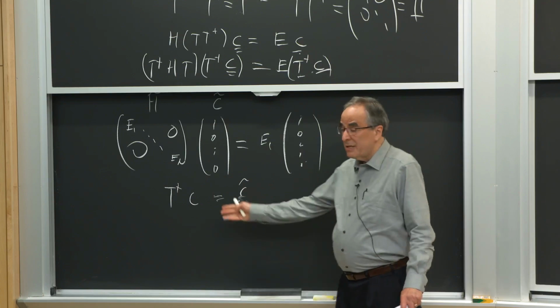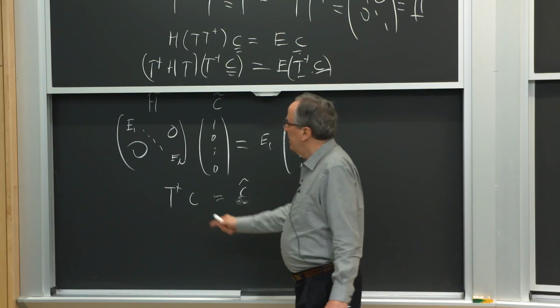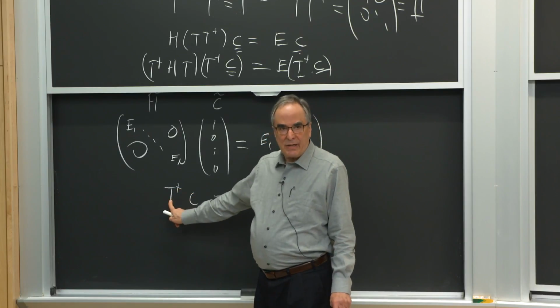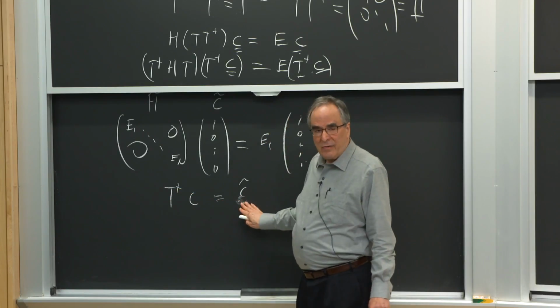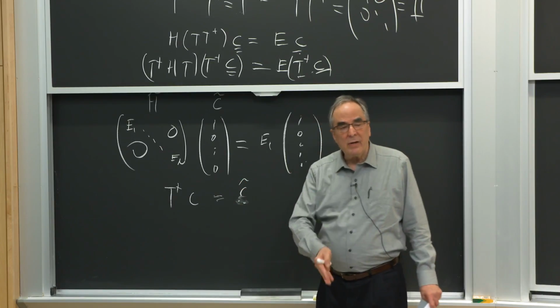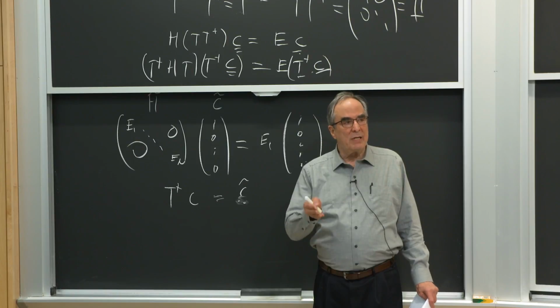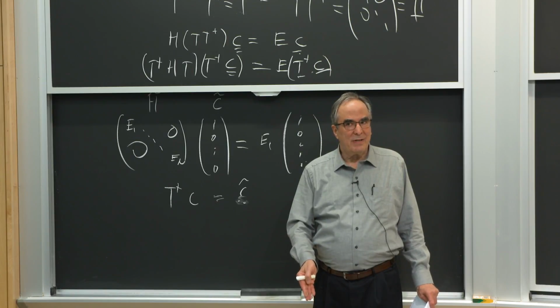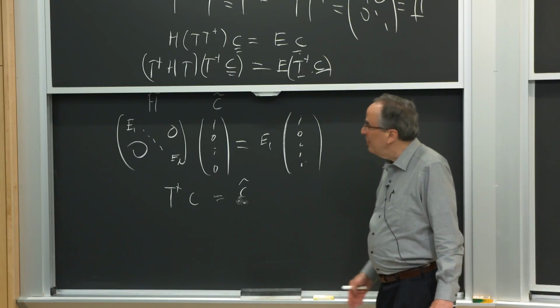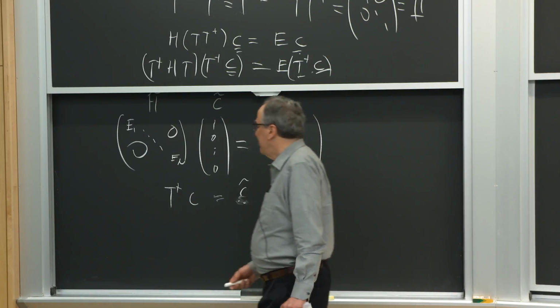Okay, this is telling you that the columns of T dagger are the eigenvectors. They are the linear combination of the basis vectors that correspond to each eigenvector. And you can look at this in more detail in the notes.